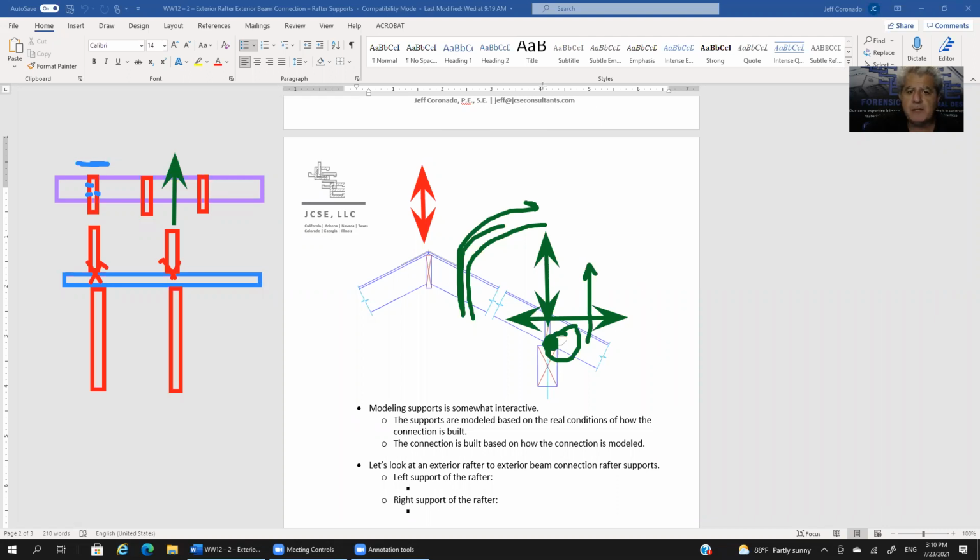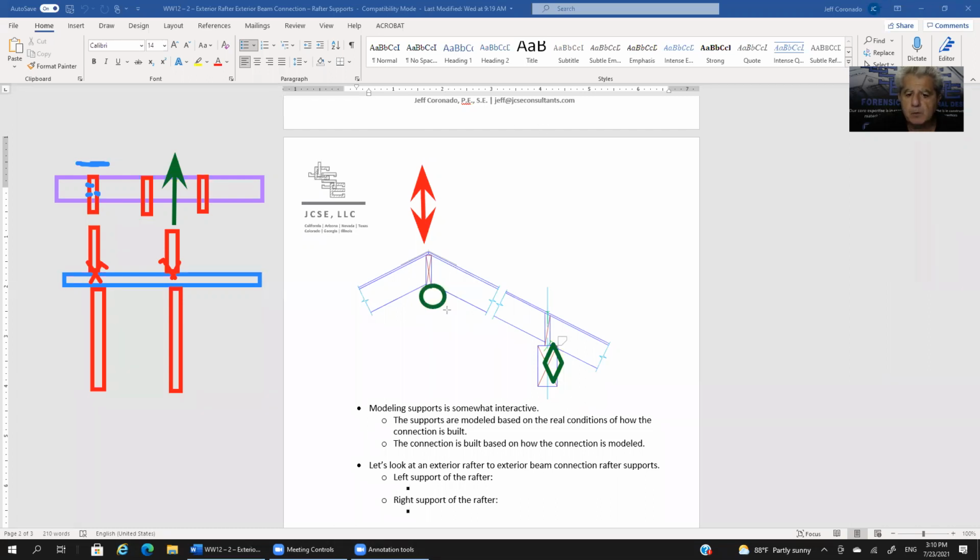So what that tells me is that, for lack of a better model, I have a pin connection at the lower support. Okay, so I'm left with a pin connection. Let me redo that then. I'm left with a pin connection at the bottom side of the rafter and a roller connection at the top side of the rafter.